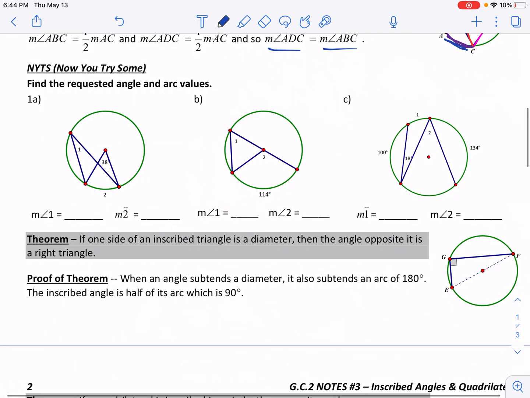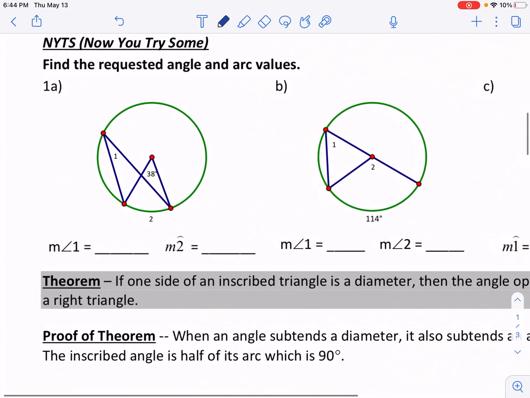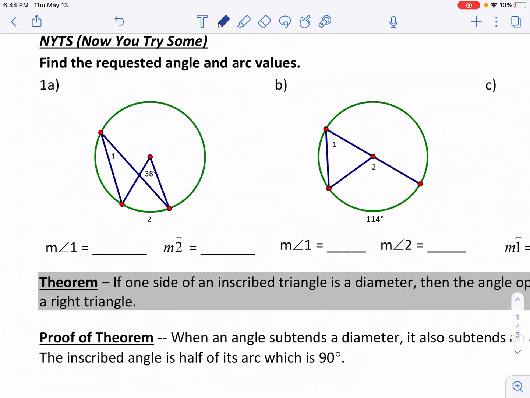Now let's look at a couple examples here. It says find the requested angle and arc values. We're going to find the measure of angle 1 here. Well, it might actually help us to find the measure of arc 2 first. Notice we have a central angle of 38, and we know that a central angle and its intercepted arc are the same. So the measure of arc 2 would be 38 degrees.